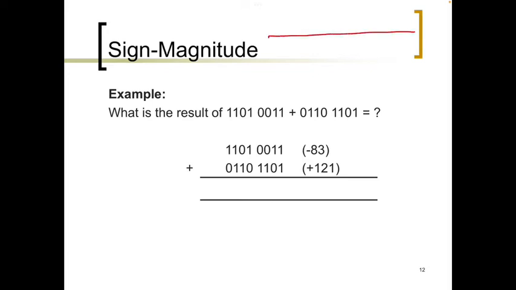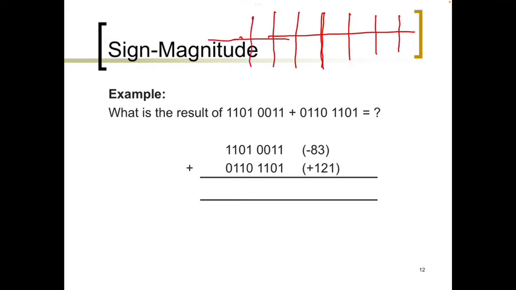I use a table. We have 1 2 3 4 bits first, and then another 4 bits.